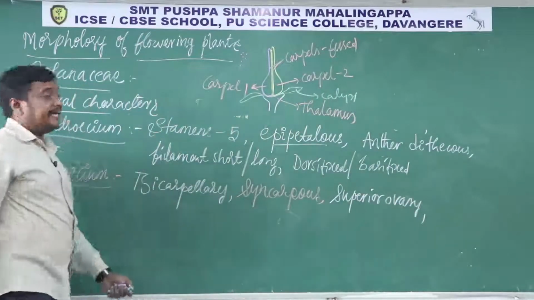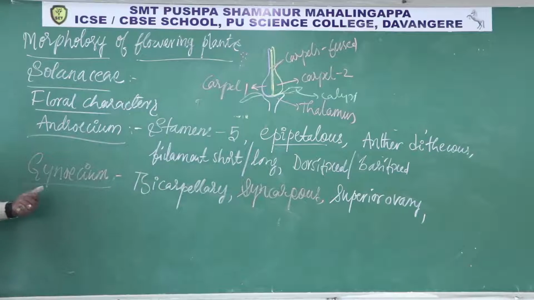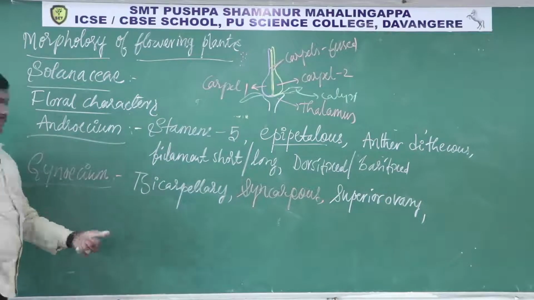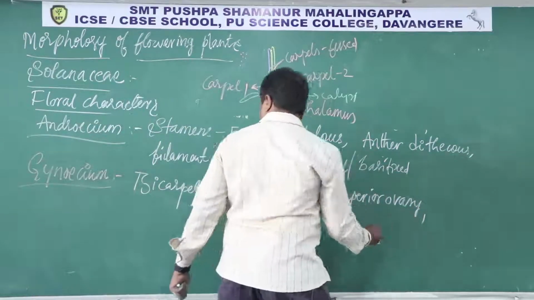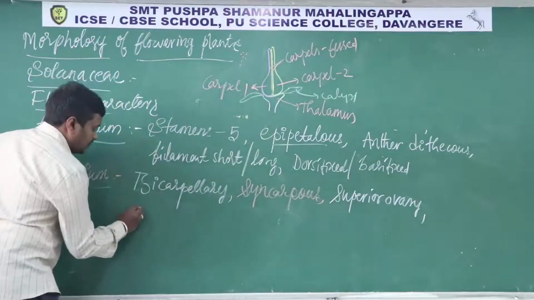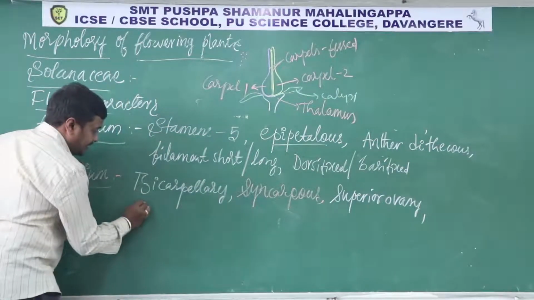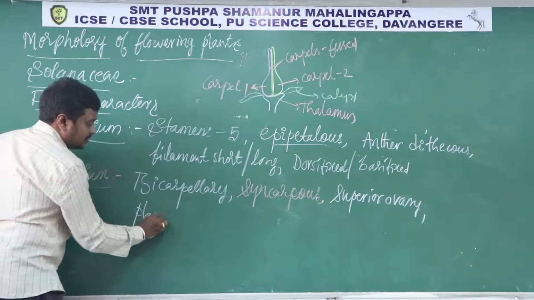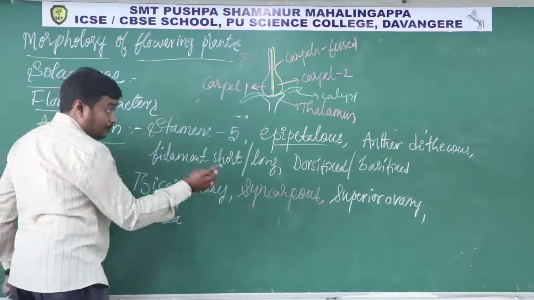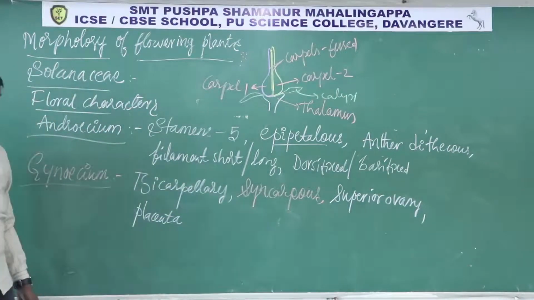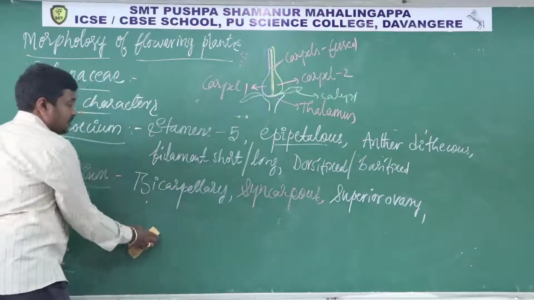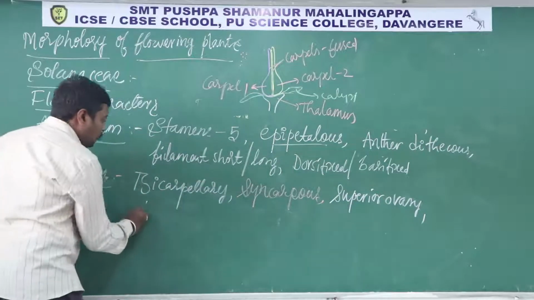Superior ovary. Bicarpellary, syncarpous, superior ovary, and swollen placenta. Placenta is swollen. So before that, let me write an ovary character. Syncarpous ovary.